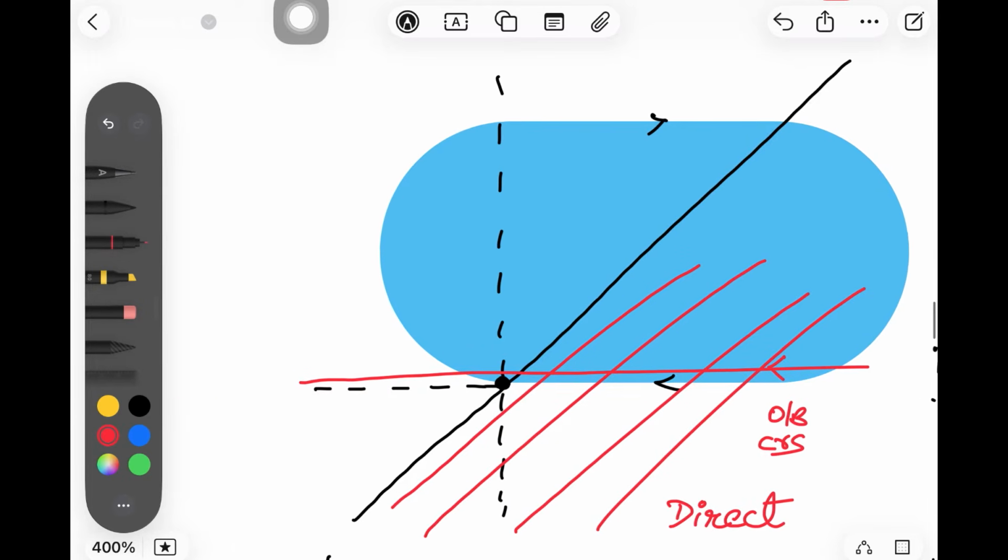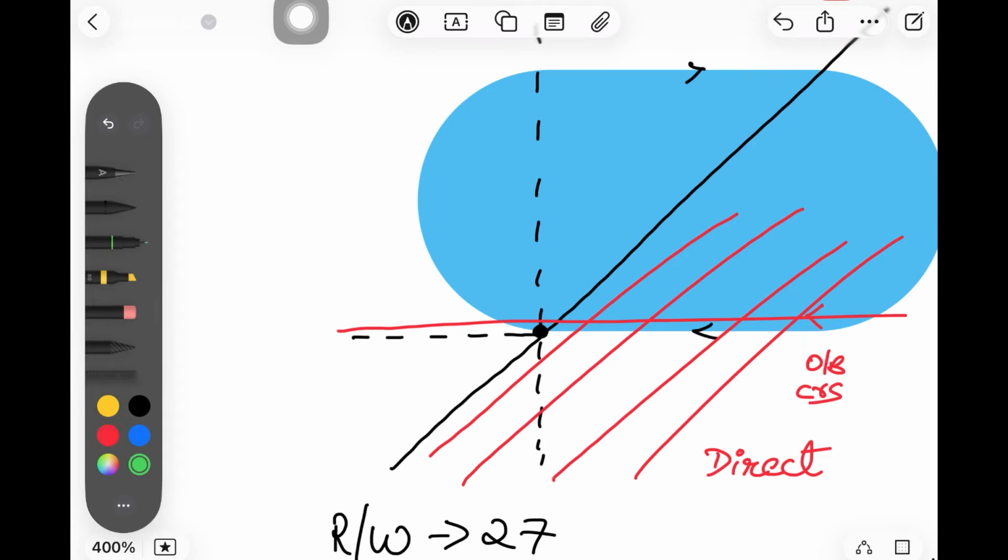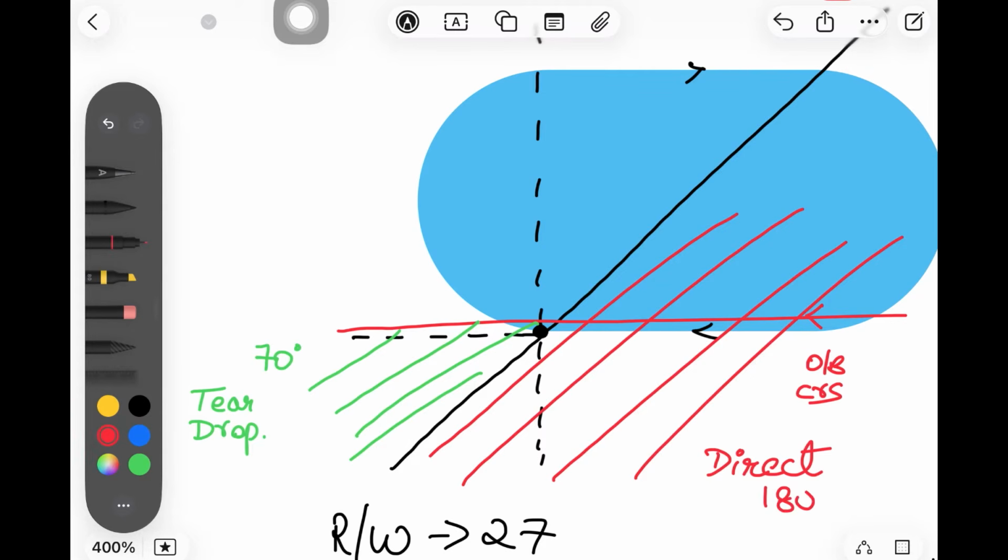Now, if you take another color, let's take green, and I'm just going to draw it here. This will be your teardrop entry, which means what? A 70 degree of angle. Direct was what? A 180 degree of angle.